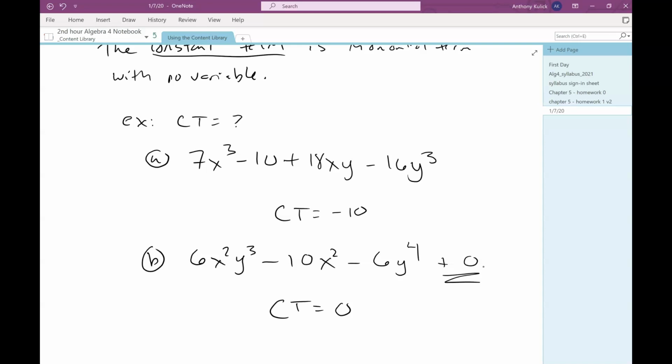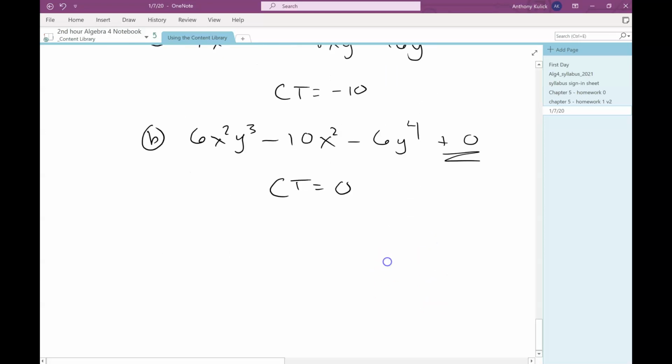All right. Last pieces of vocabulary, we want to talk about naming polynomials. So there's two different ways we typically name polynomials. One way is naming them by degree.